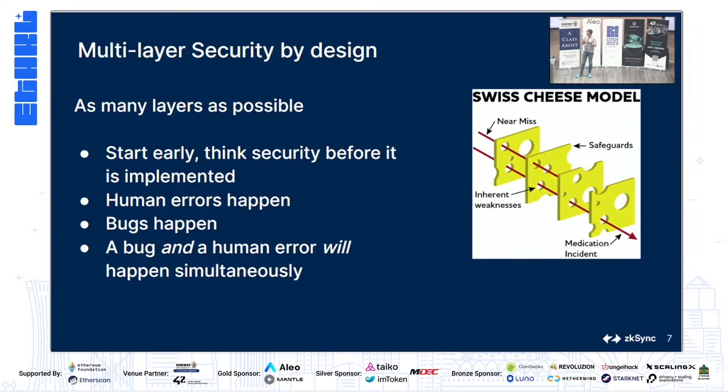Also note that human errors happen. Bugs can be found, and the most interesting part is when bugs and human errors happen simultaneously. So you need to understand what to do in these cases. There is no way to avoid it. This is the main point that you should notice.